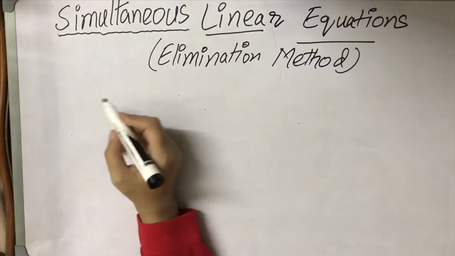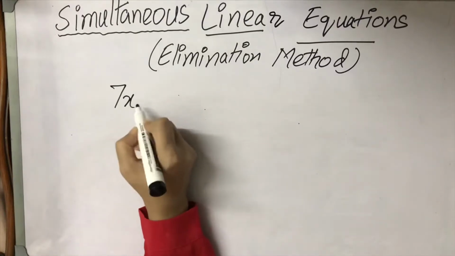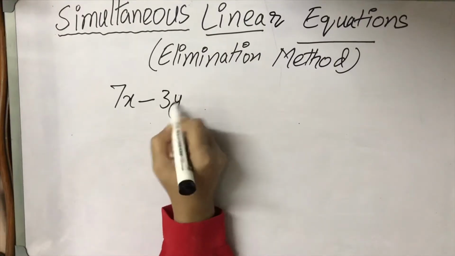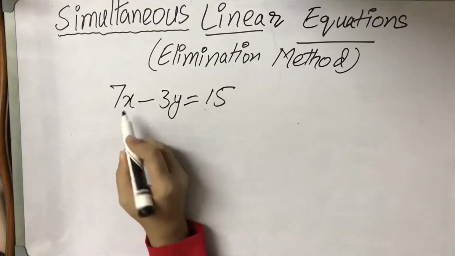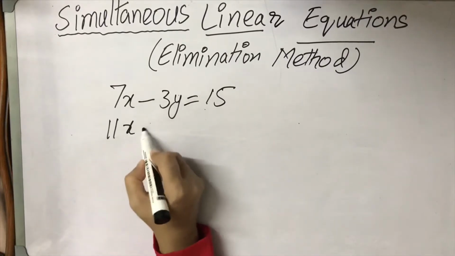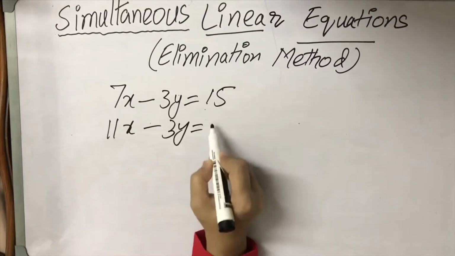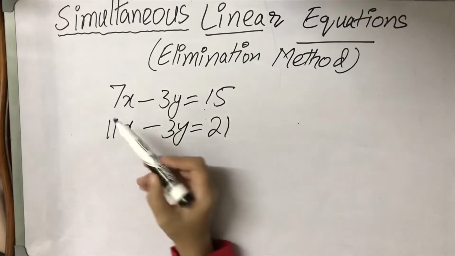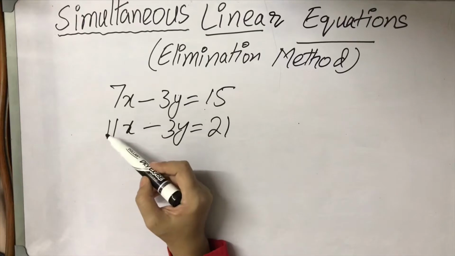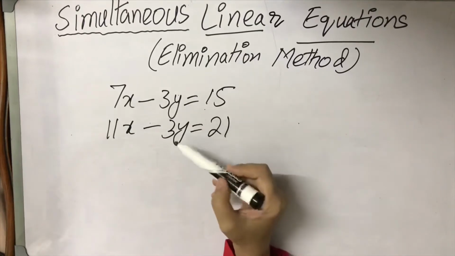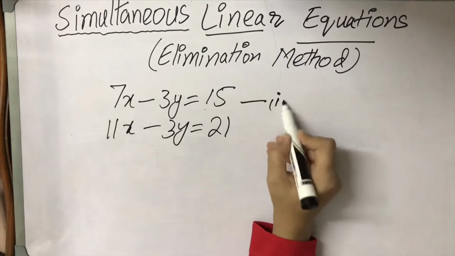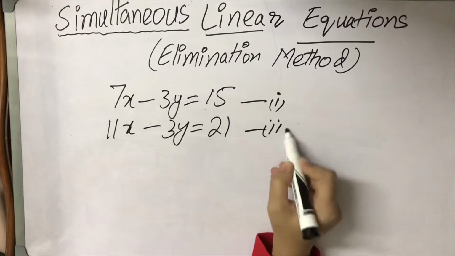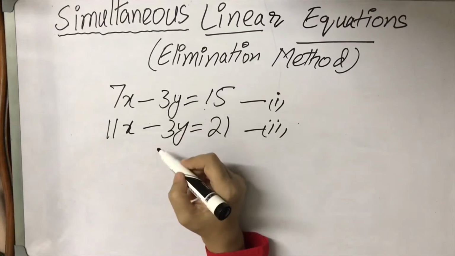Now the second question I have is 7x minus 3y equals 15 and 11x minus 3y equals 21. Now here you can see both x have different coefficients but both y having the same coefficient, and both y's are also having the same sign.